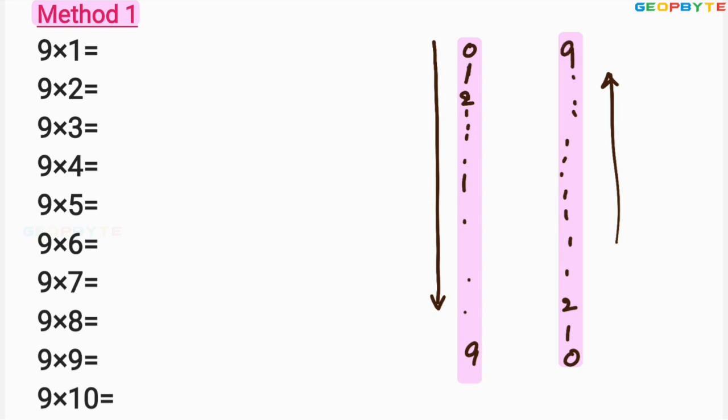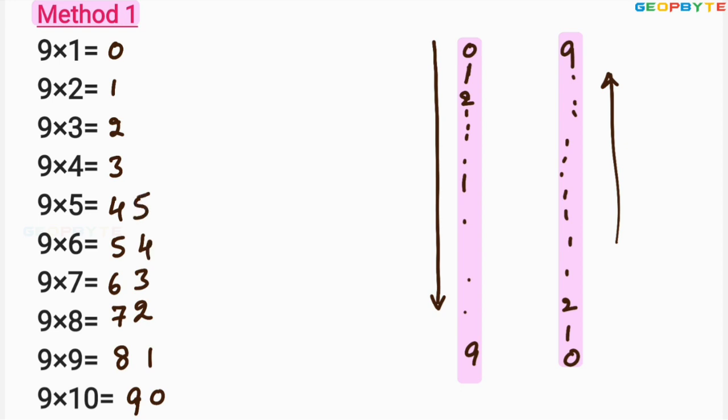Your table 9 is completed: 9 ones are 9, 9 threes are 27, 9 sixes are 54. I hope you clearly got my point.